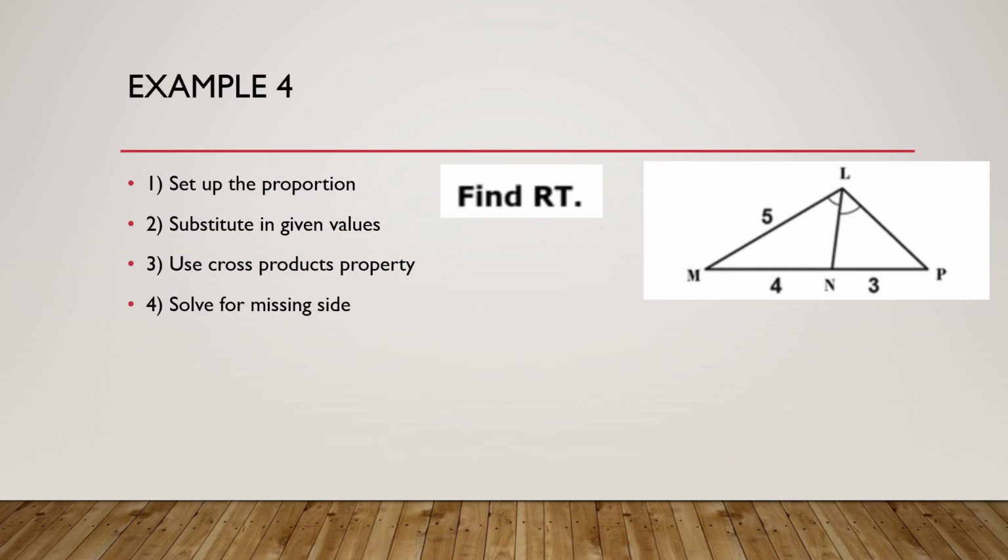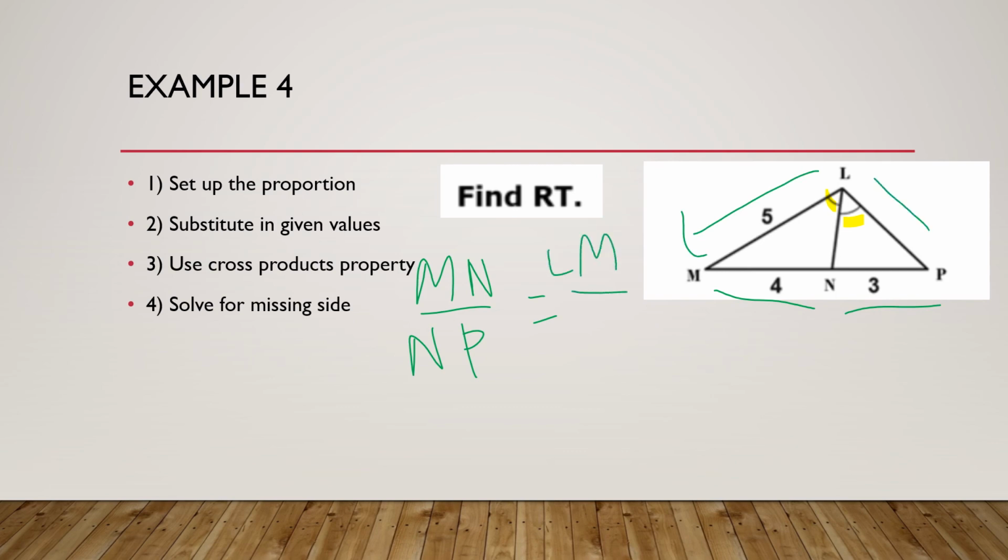Same thing. We could see that it's a bisector because we've got those equal angles. So we're going to set up our proportion. So if we go M to N and then N to P, we go L to M, keep the one on the left, same order on the right, L to P. Fill in our values, so MN is 4, NP is 3, LM is 5, LP we don't know.